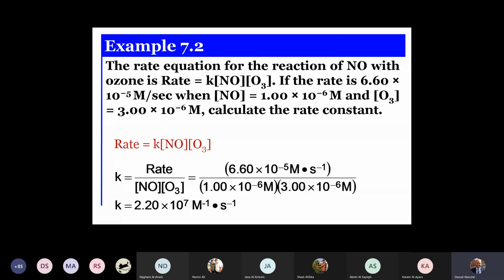Capital K, the equilibrium constant, is unitless, but small k has units. When you write the rate constant, you have to give the units, since the unit is a strong or important indication in the determination of the order of the reaction.